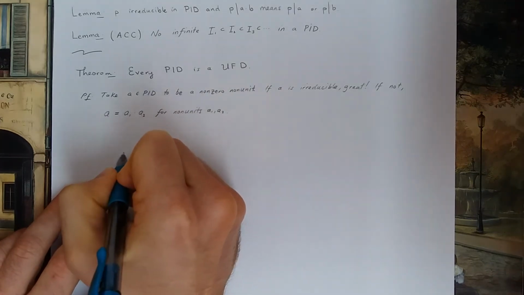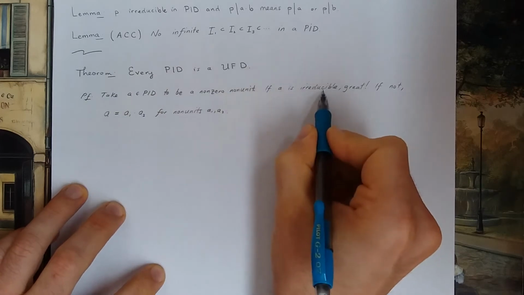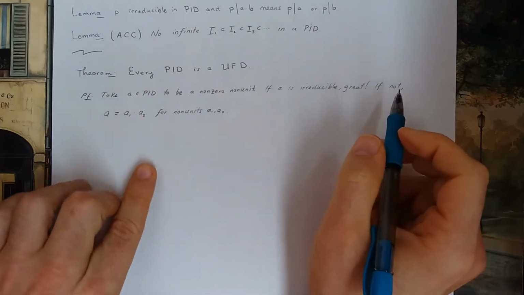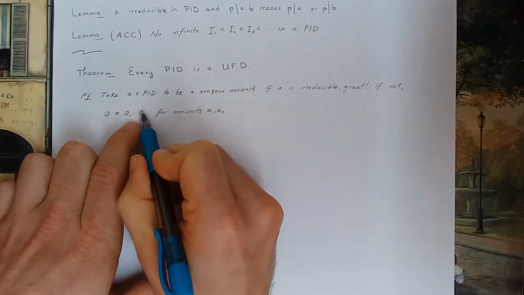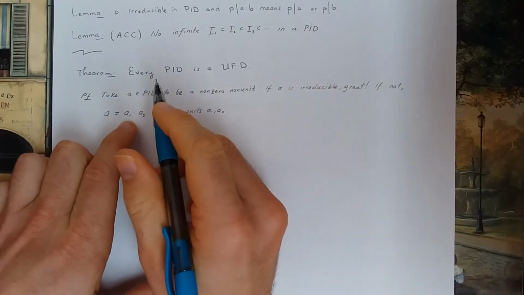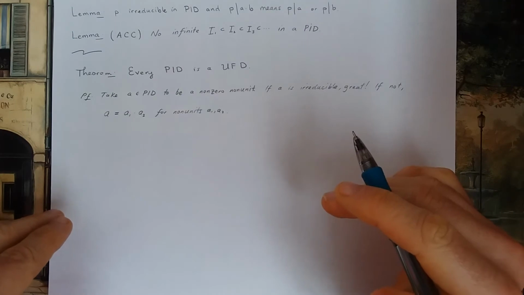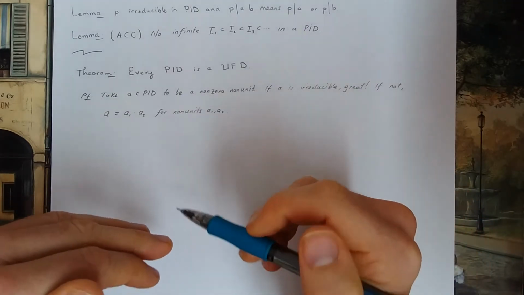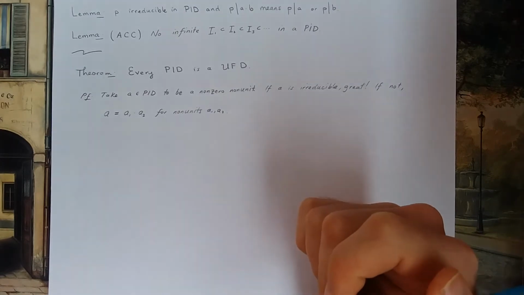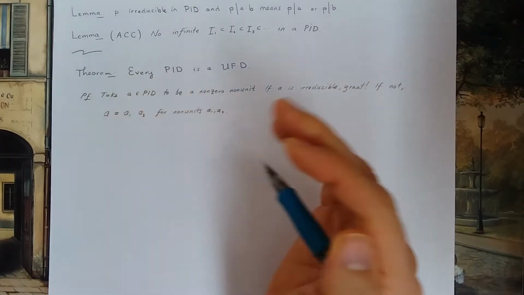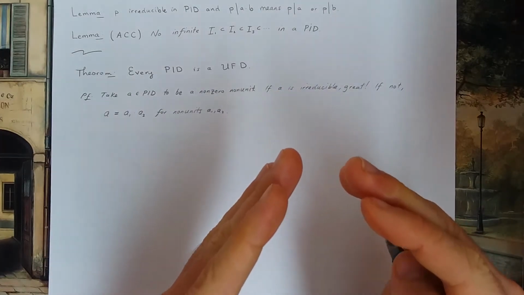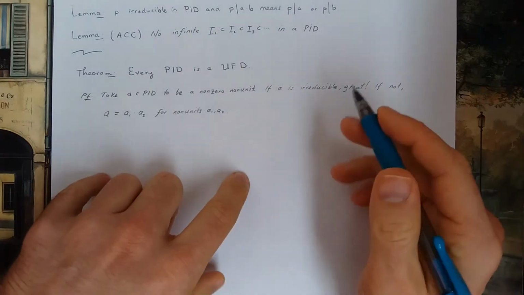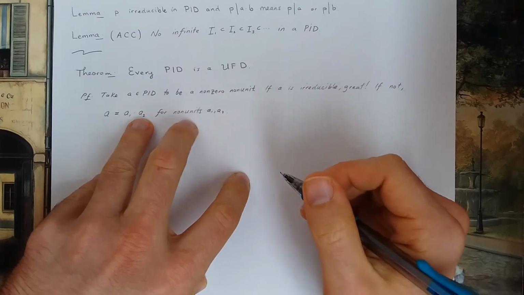If A1 and A2 are irreducibles, then I've achieved my goal. I've written A as a product of irreducibles. If not, then I'm going to break A1 and A2 up into pieces and see if I get irreducibles. Then I'm going to keep doing this process. So I'm going to take A2, break it into hopefully two irreducibles, break those up, and eventually find irreducibles.